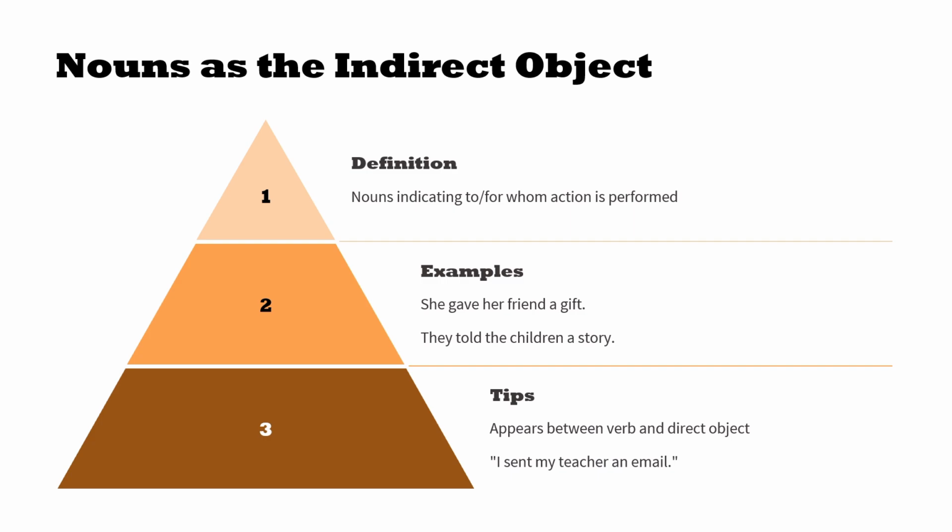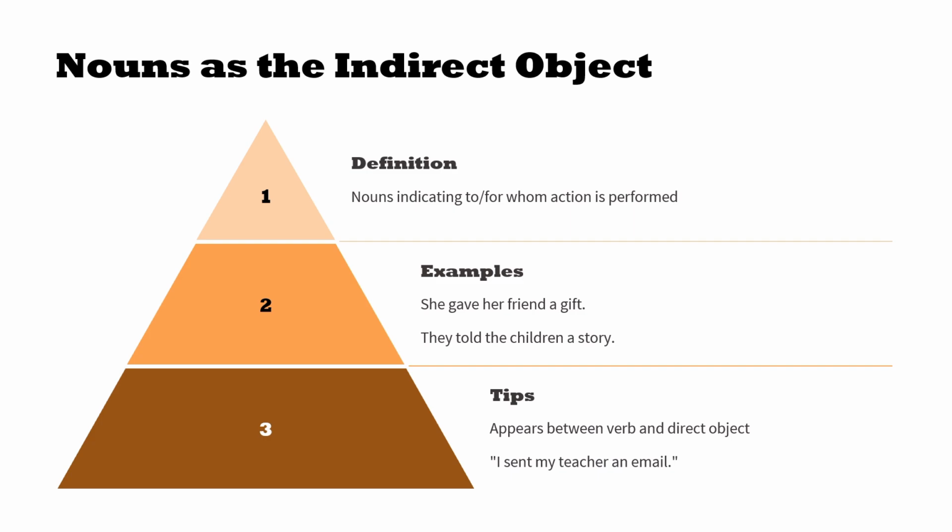So as a definition, an indirect object is a noun that indicates to whom or for whom something is done. It works closely with the verb and the direct object, providing additional context or meaning. Essentially, the indirect object answers the question, whom benefits from this action, or to whom is this action directed?